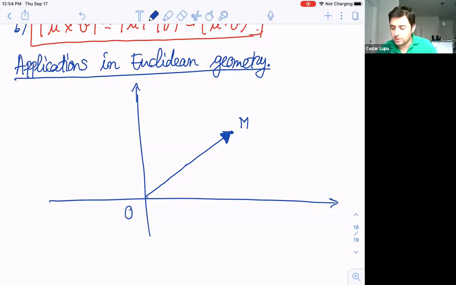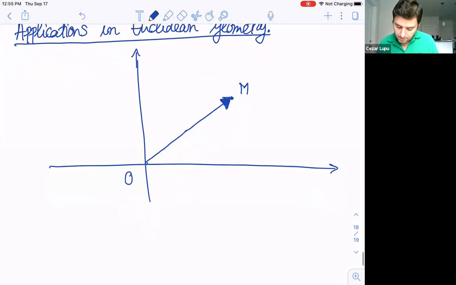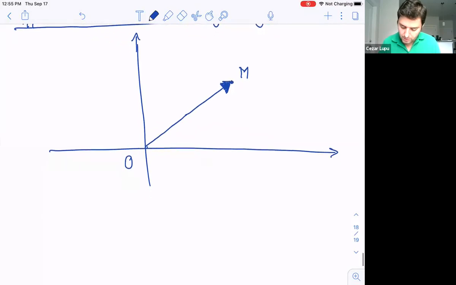Also, there will be some operations that this vector will satisfy, right? For example, I would like to see what happens if I have a segment, right? Okay, let me just tell you. So this is a vector in the plane.